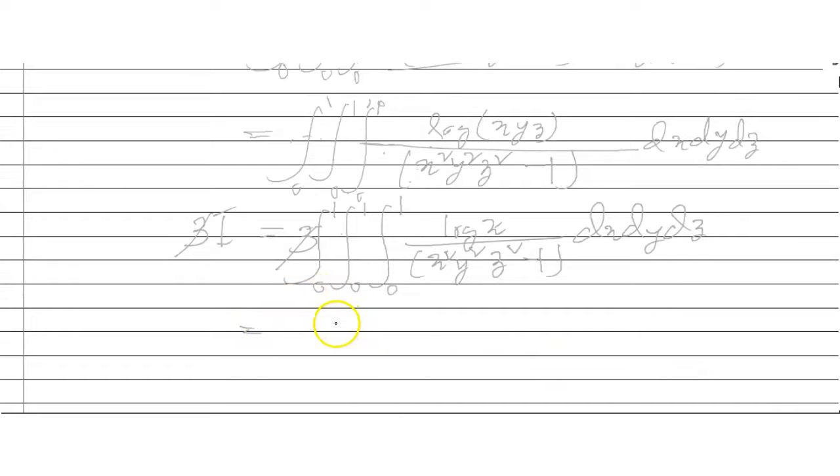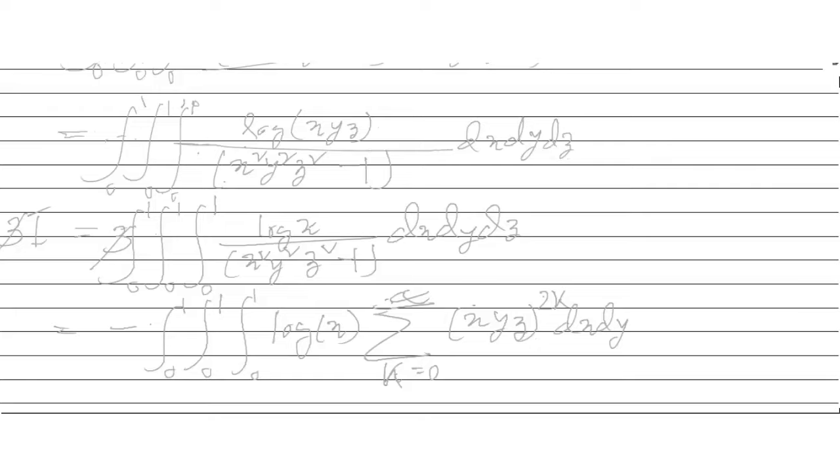After that I can write this way: equals to minus integral 0 to 1, 0 to 1 and 0 to 1 of log x times summation k equals to 0 to infinity of (xyz) whole to the power 2k dx dy and dz.